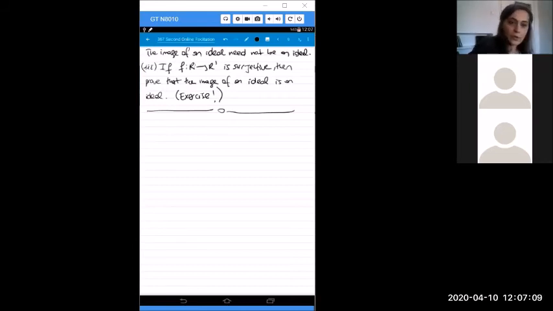Now, another question. Show that the rings 2Z and 3Z are not isomorphic. We have two rings, 2Z and 3Z, and we are going to show that they are not isomorphic.